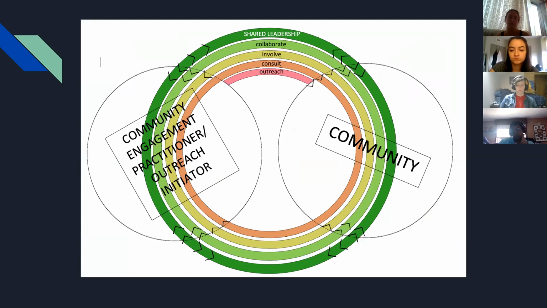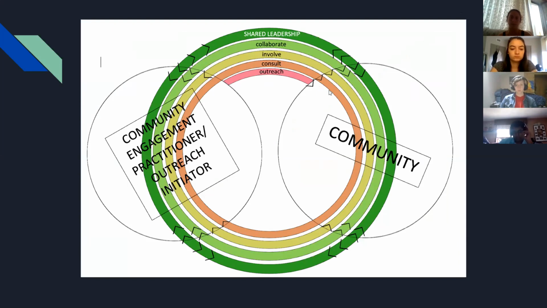So they go into this really interesting approach from different directions in the chart that's in the reading, but here I decided to highlight what seems to be the main driver of this changing relationship. If you look at the inner circle, outreach, you can see it just ends in an arrow.